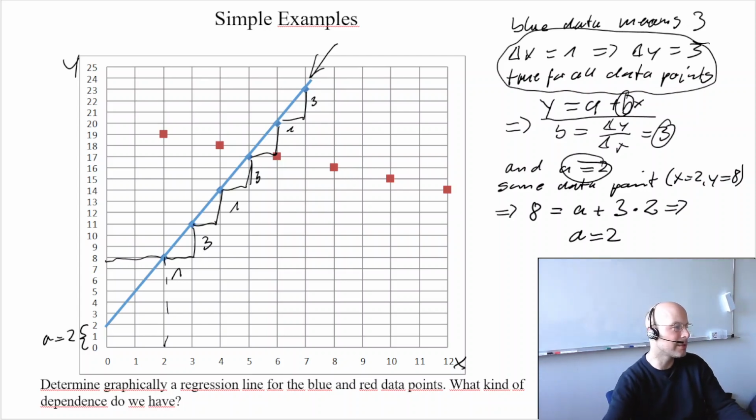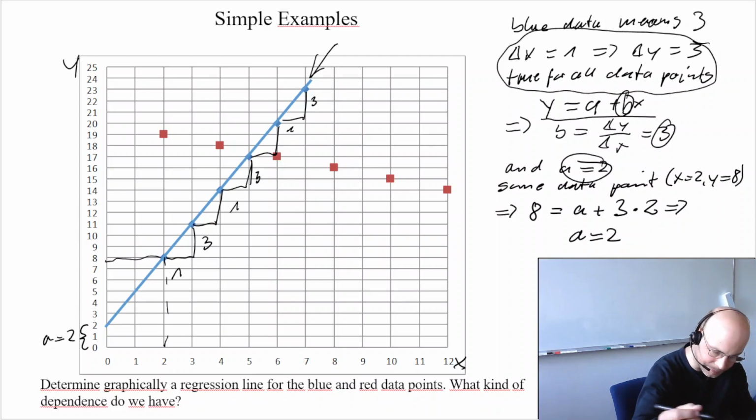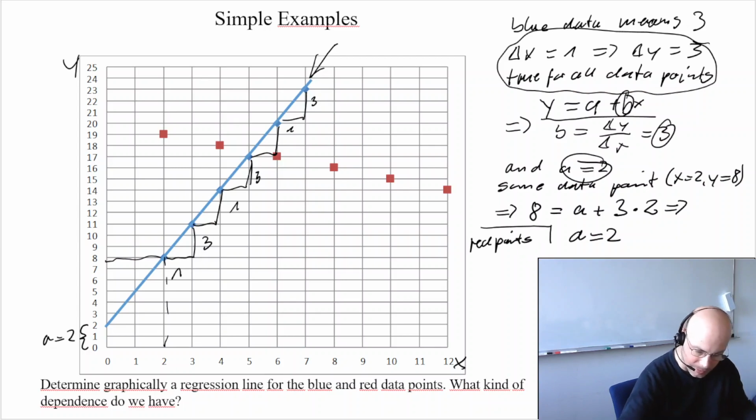Of course, this is not really difficult, and if we do this for the red points, what we obtain there for a and b.